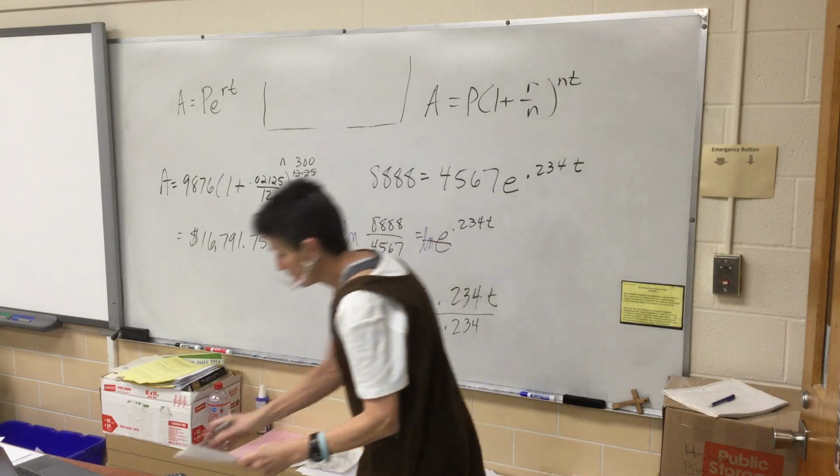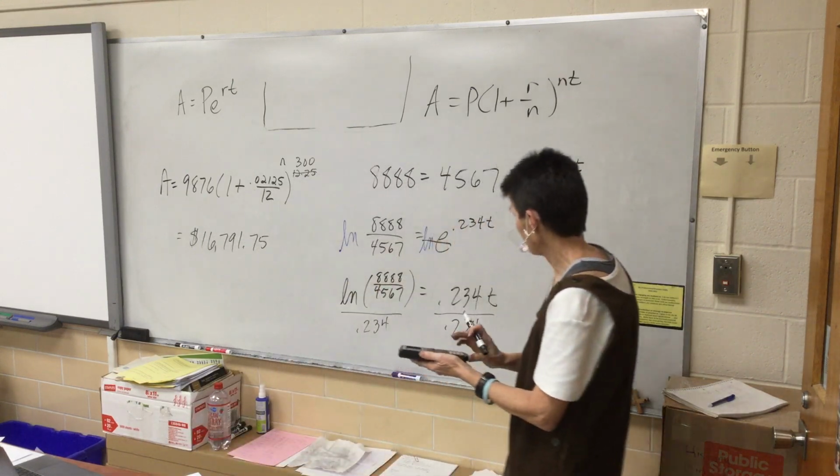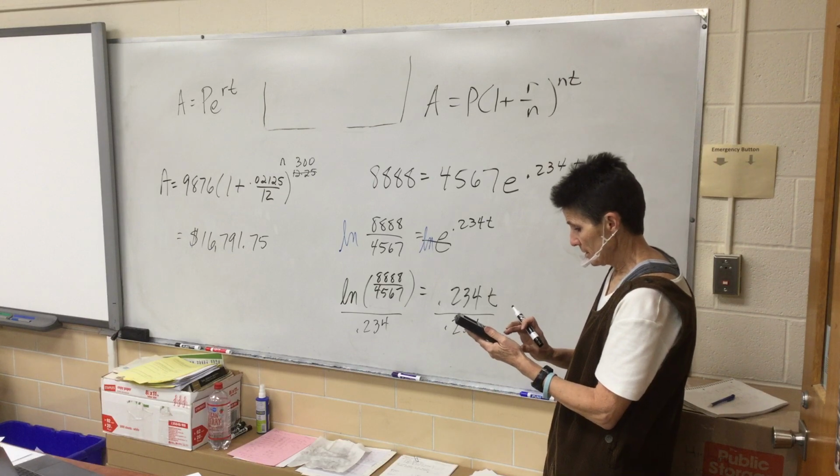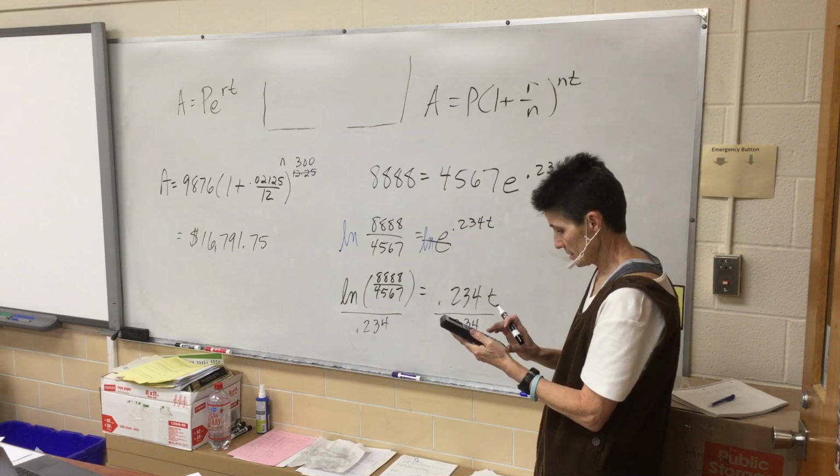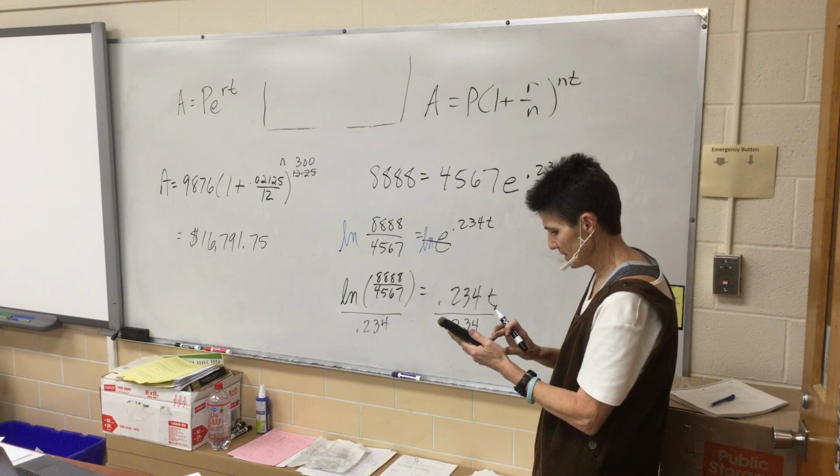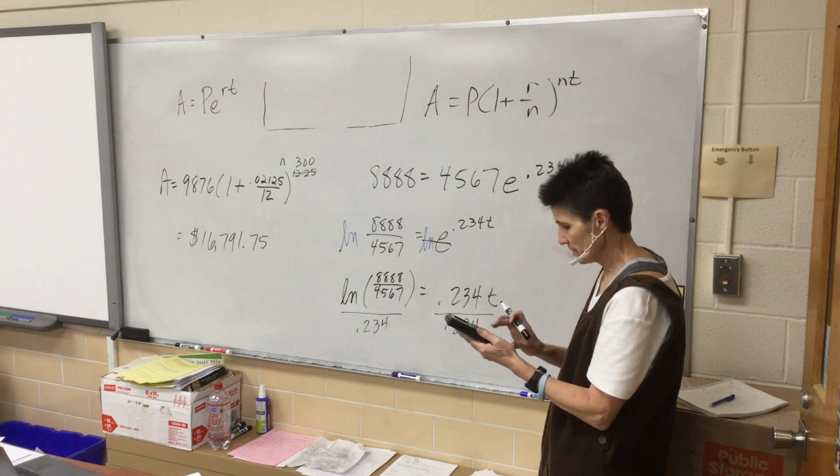And we can do that on our calculator pretty easily. So ln of 888 divided by 4, 5, 6, 7, close parentheses, divided by 0.234.